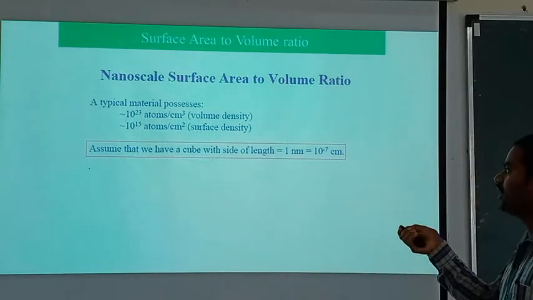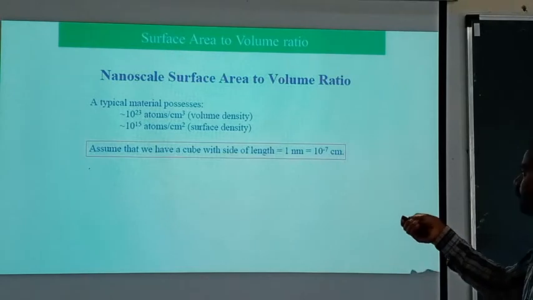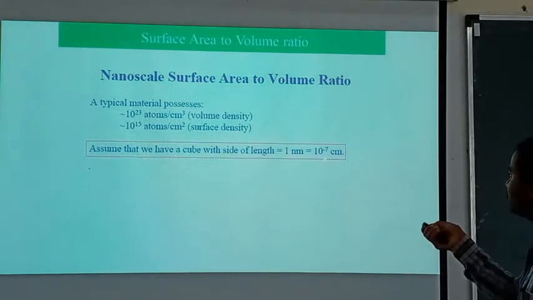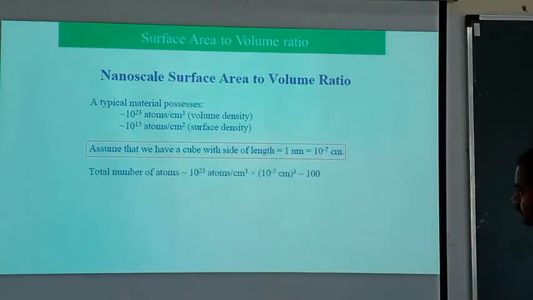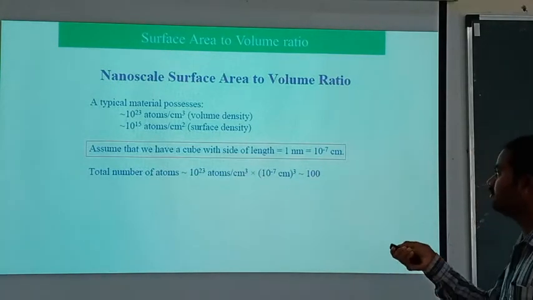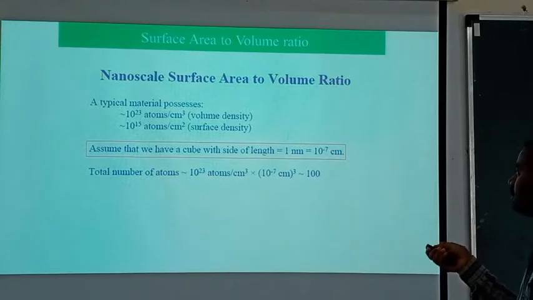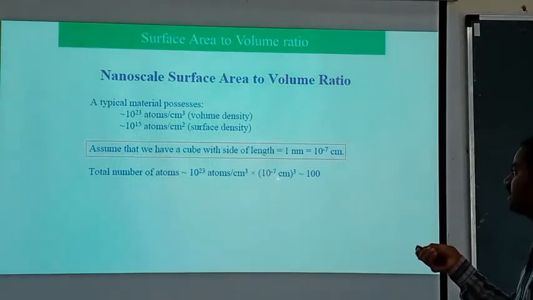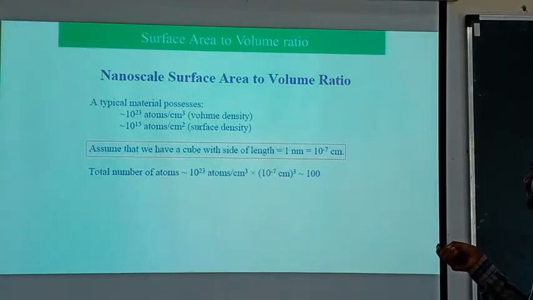In the earlier example we considered 1 centimeter. Here we have considered 1 nanometer, which is 10⁻⁷ centimeter. So the total number of atoms, with the dimension 10⁻⁷ centimeter taken here, comes to around a value of 100 only.